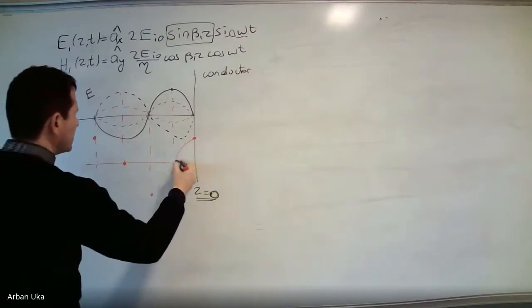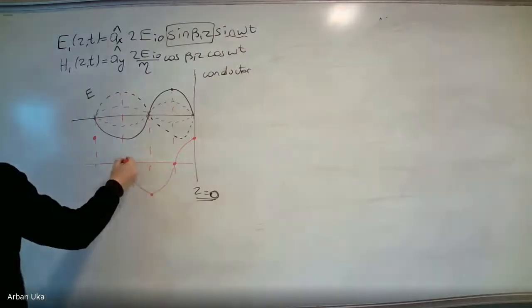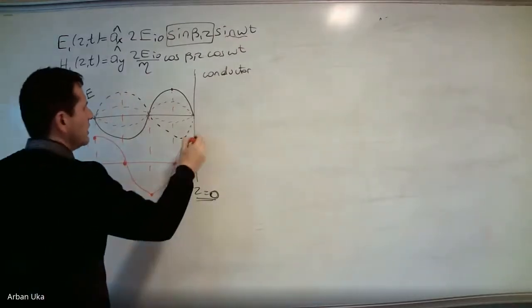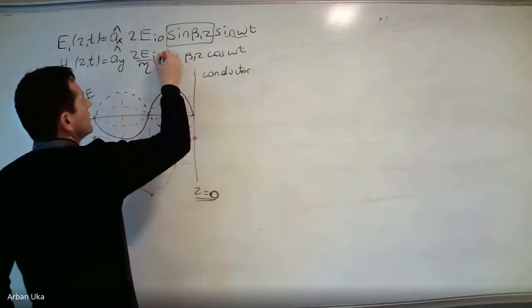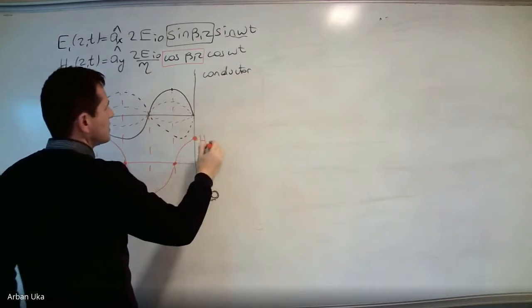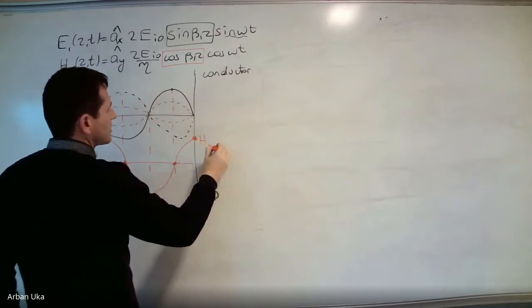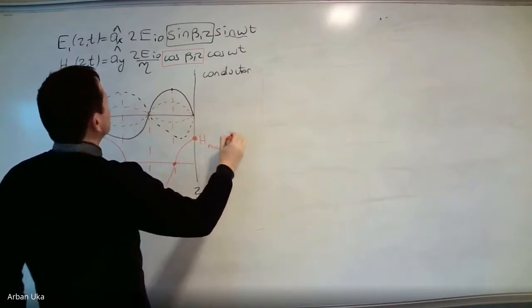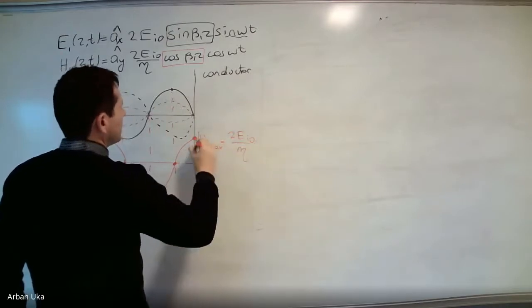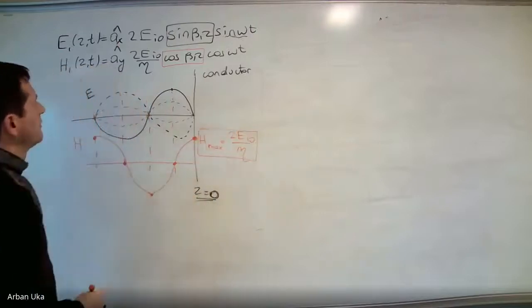So the magnetic field intensity, this is the H. And it looks like H, when z is equal to 0, H is the maximum. So we can consider this is H max, which is equal to 2 times the incident electric field divided by eta.